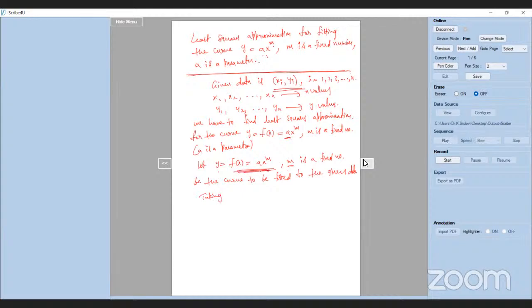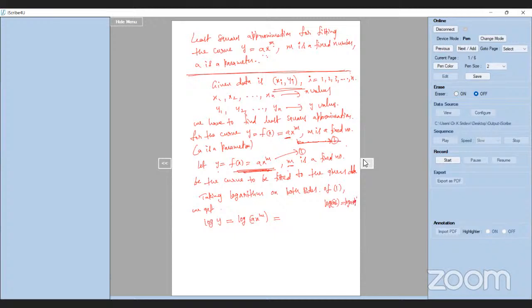Whenever the given function is in this form, taking logarithm on both sides, we get log y is equal to log of a into x to the power m. So what is the log AB formula?